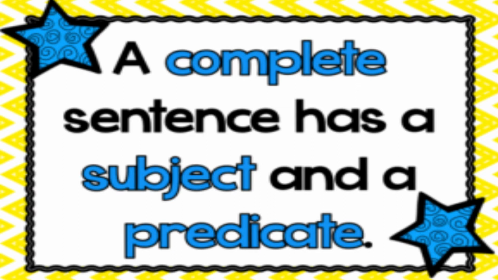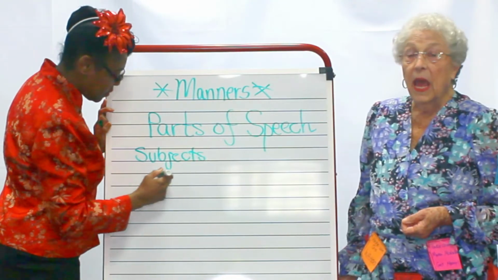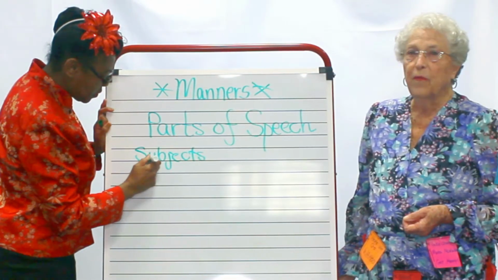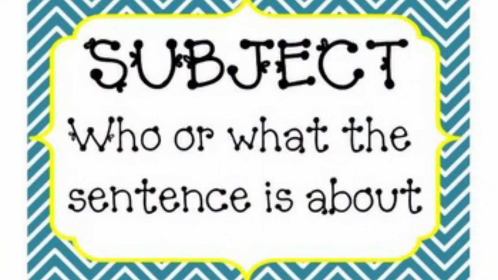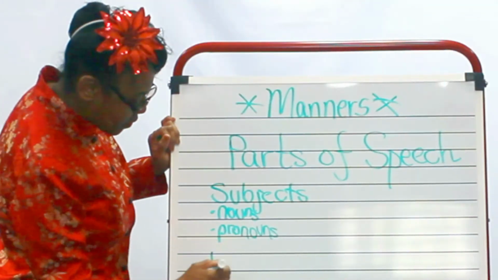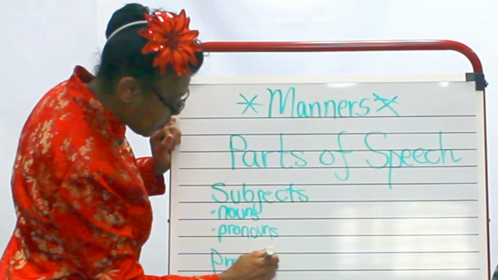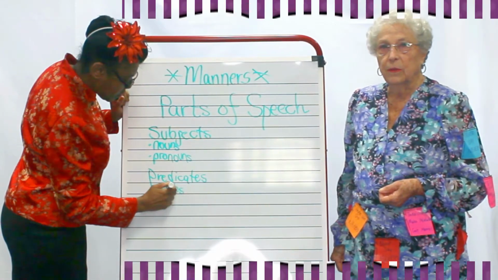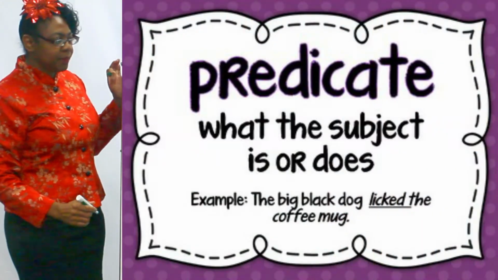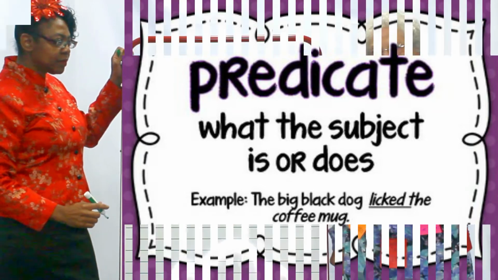Subject words are nouns or pronouns, and words that modify or go along with those nouns or pronouns. And predicates are always the verbs and words that go with those verbs. Everything else in the rest of the sentence that doesn't pertain to the subject would be in the predicate.